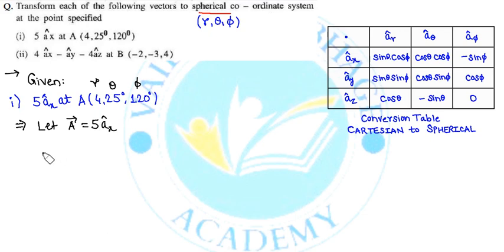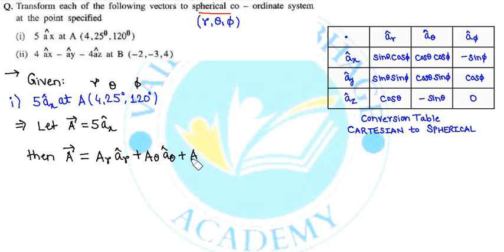So in this case, how are you going to represent that vector A in terms of the spherical coordinate system? It will have components along aR cap. This capital AR is the magnitude along the R direction. This capital A theta is the magnitude along the theta direction, and this a theta cap shows the component along the theta direction.